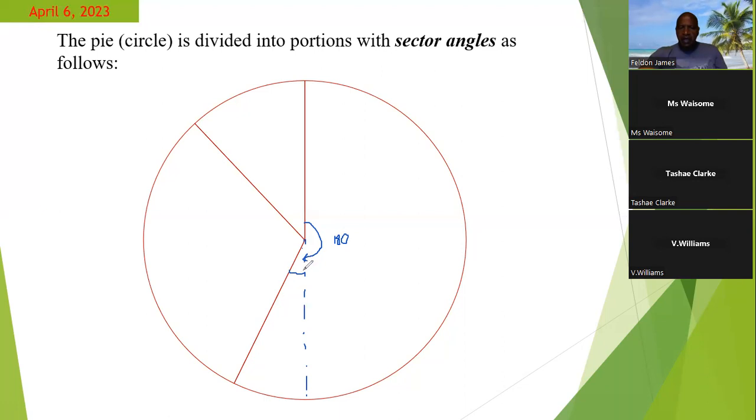So you add 26 to the 180, and the entire angle from here to here becomes 206. All right, is that clear? So that's how you would measure an angle which is greater than the protractor, greater than 180.